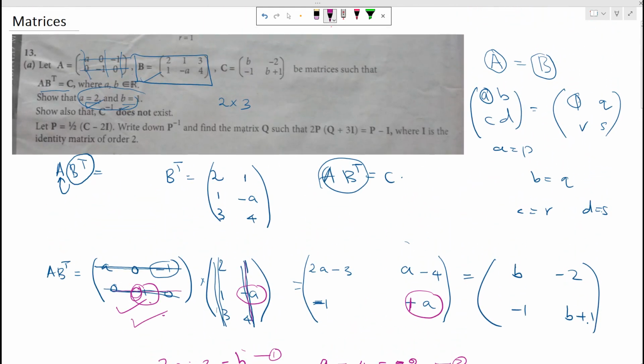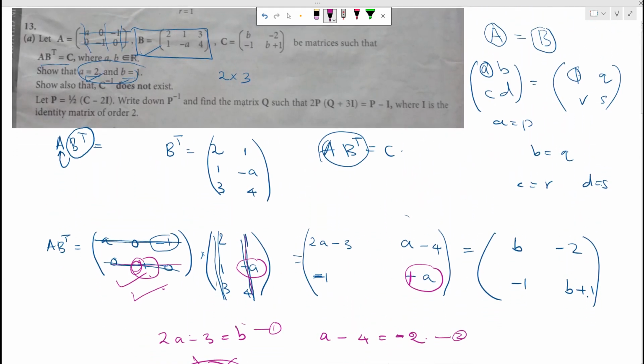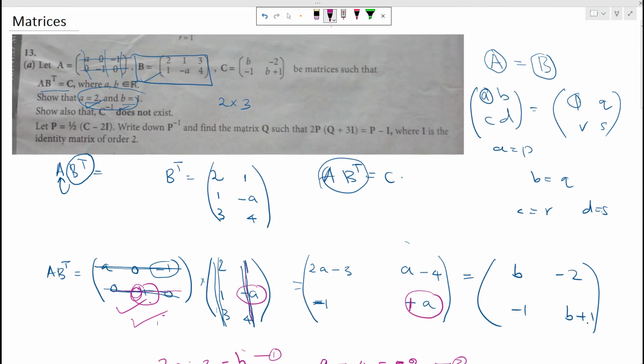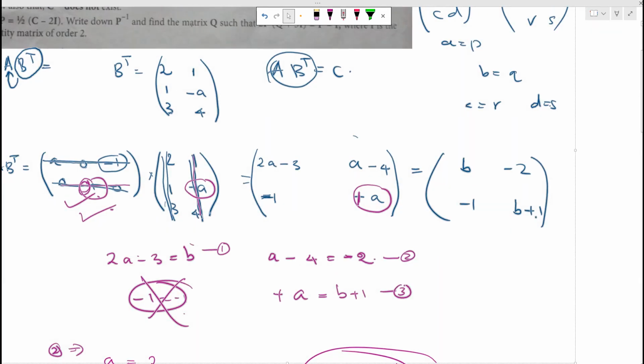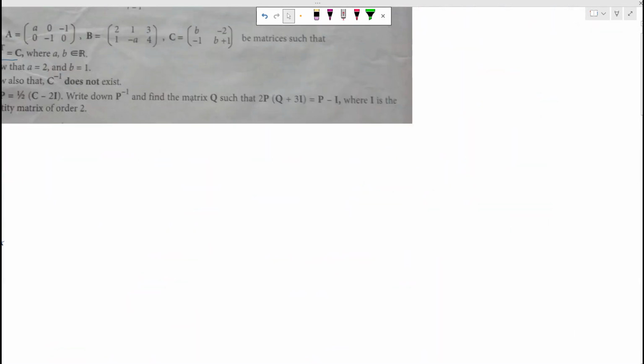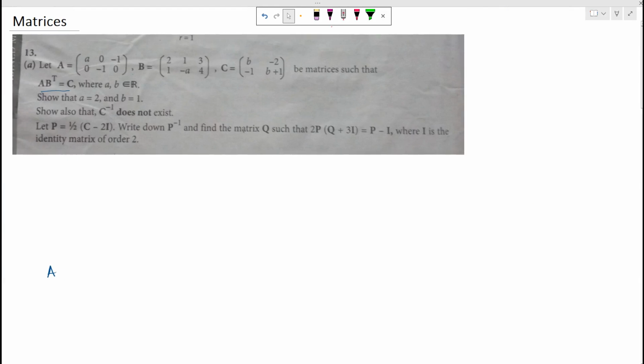We have just found out a and b. Let me just erase all of these because they are not necessary. Okay. Now show also that C inverse does not exist. Right. C inverse means inverse of a matrix.